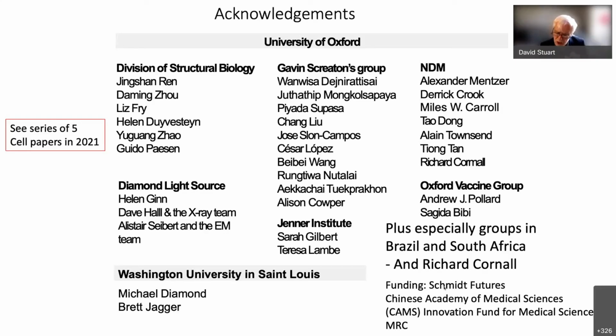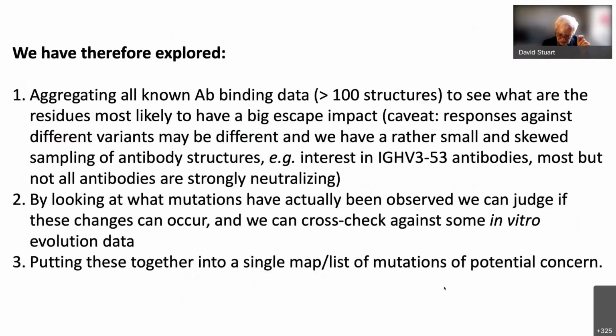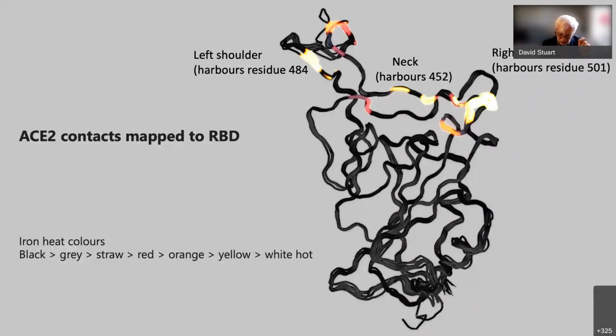I think the open question at the end is really, to what extent have we seen the worst the virus can do in terms of escape? And I think that we don't know. But let me just say a little bit about that very quickly.